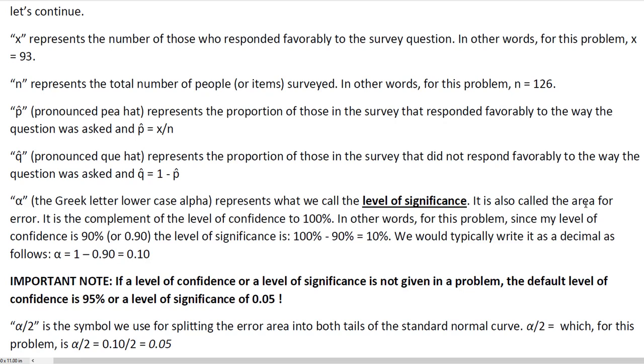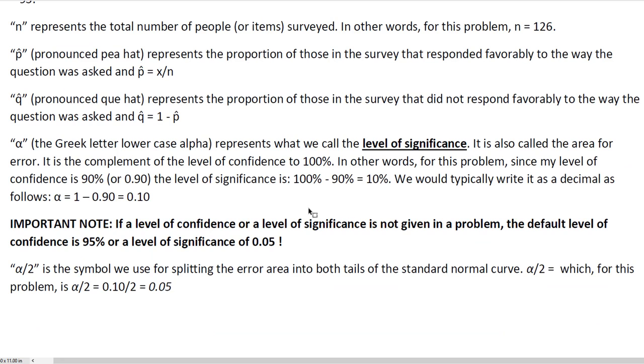In other words, for this problem, since the level of confidence is 90% or 0.90, the level of significance is 100% minus 90% or 10%. But we typically write it as a decimal, so alpha equals 1 minus my level of confidence, or in this case 1 minus 0.90, which is equal to 0.10.